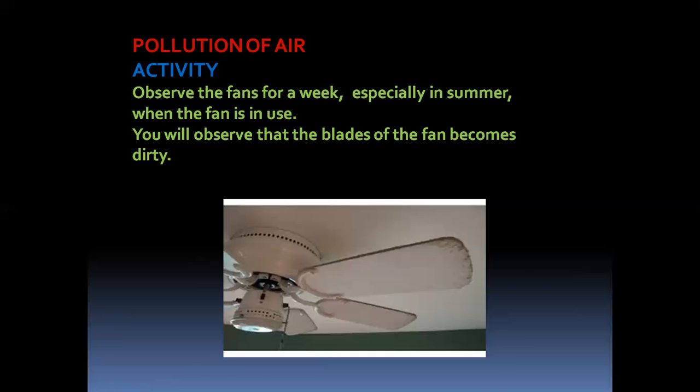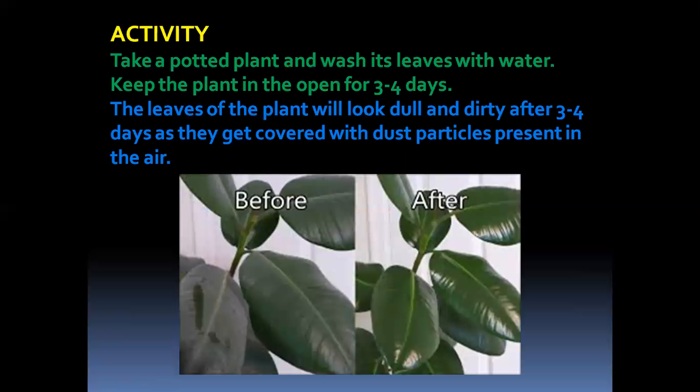Is it clear, children? Next, one more activity is there. You will take a potted plant and wash its leaves with water. Keep the plant in the open for 3-4 days. When you keep it, the first picture, it will become dirty like this, children. The leaves of the plant will look dull and dirty after 3-4 days as they get covered with the dust particles present in the air.